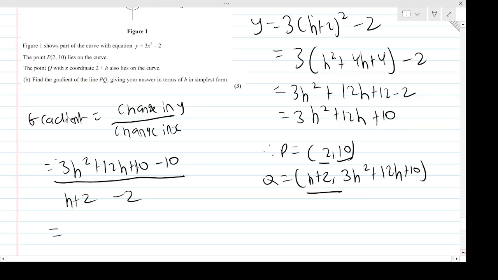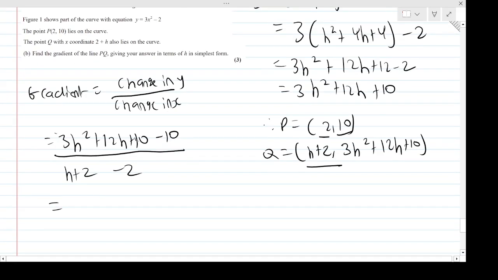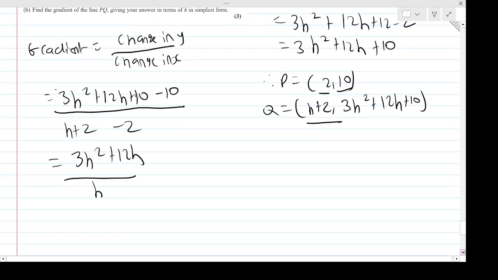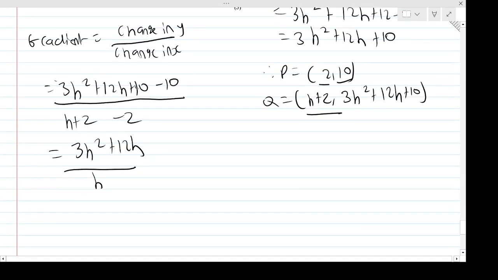So then we can simplify some stuff, right? Well, I notice 10 minus 10 cancel at the top, so 3h squared add 12h. And likewise, 2 minus 2 cancels as well to be left with h. And then I can simplify it, because again, the same idea, I can factorise the h out. So I can also factor a 3 out as well, actually. So I get 3h on the top of h add 4, divided by h.